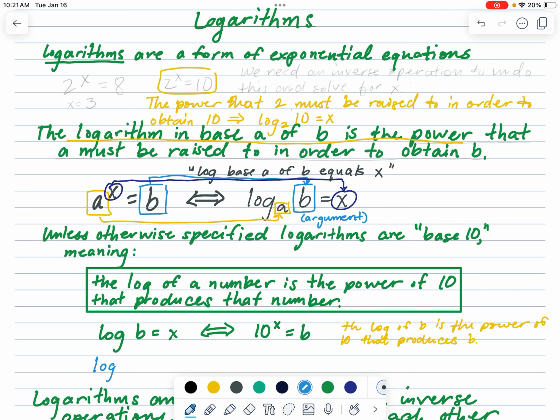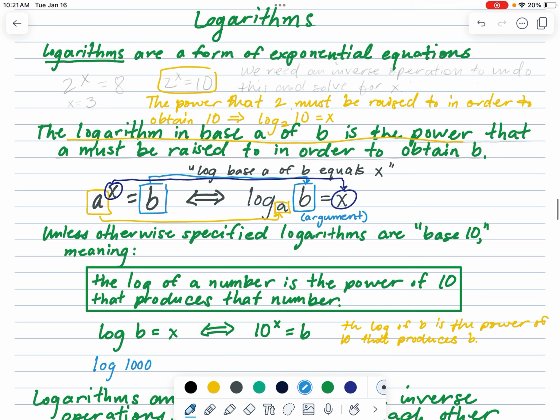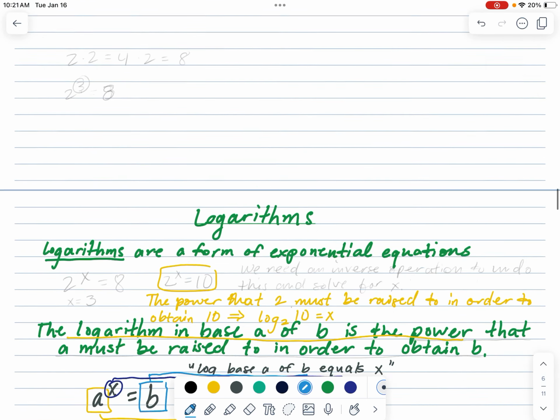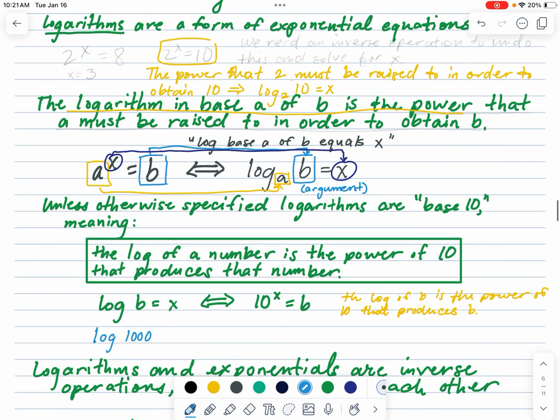The log, let's say the log of 1,000 is the power of 10 that produces 1,000. Well, what power of 10 produces 1,000? We can go back up here, 1,000, 10 to the third. So the log of 1,000 is 3. Another way to write that is 10 to the x power, or to the third power, equals 1,000.